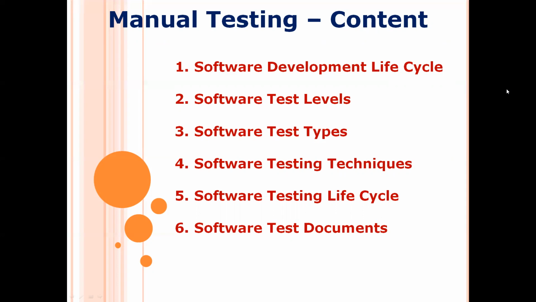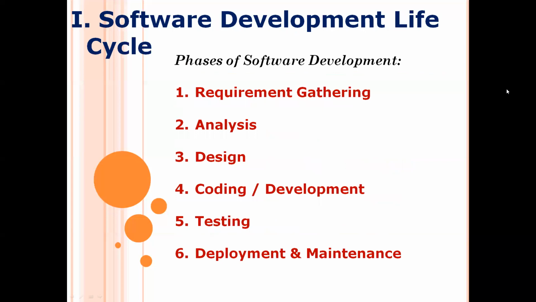Why do testers need to learn this one? Software testing is an integral part of the software development life cycle. So we need to be familiar with it, but our main area is the software testing life cycle. Next, test levels, test types, test techniques, all are supporting concepts.